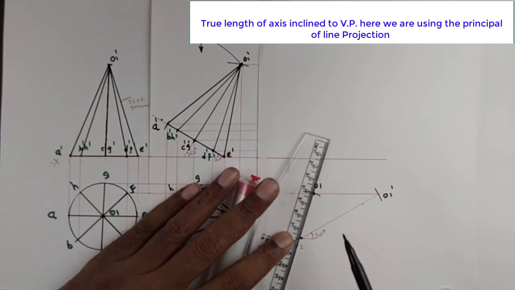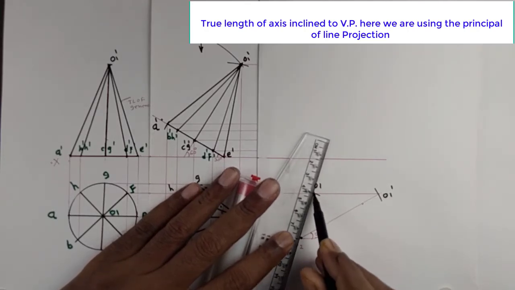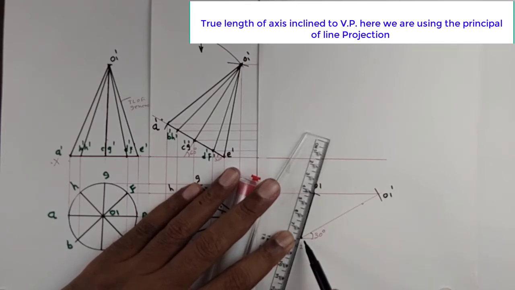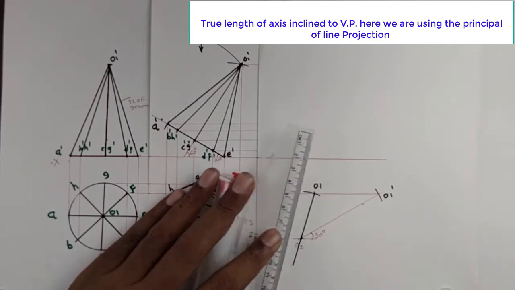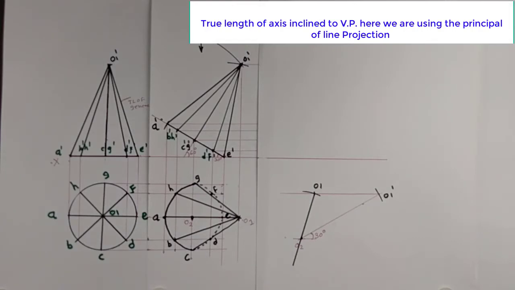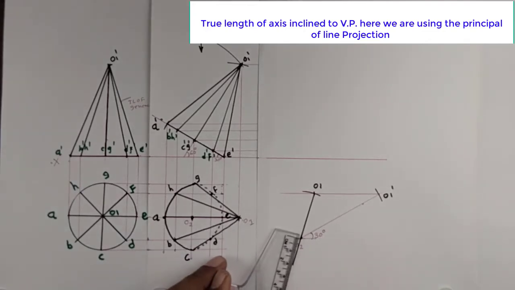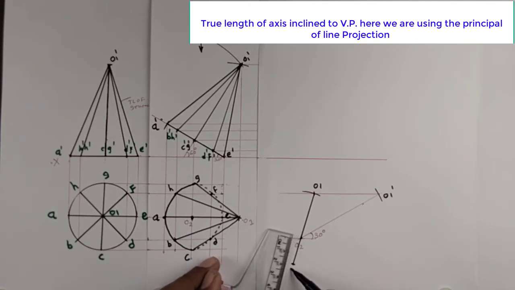Then at O1, O2, we rearrange our previous plan. This distance from O to A, I mark the A point.